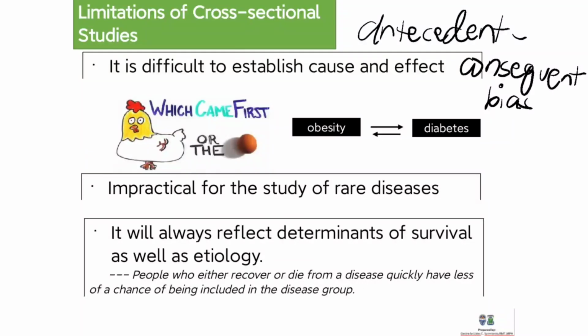And lastly, it will always reflect determinants of survival as well as etiology. Ito din yung tinatawag nating survival bias. Okay? So, bakit survival bias? Because people who either recover or die from a disease quickly have less of a chance of being included in the disease group.